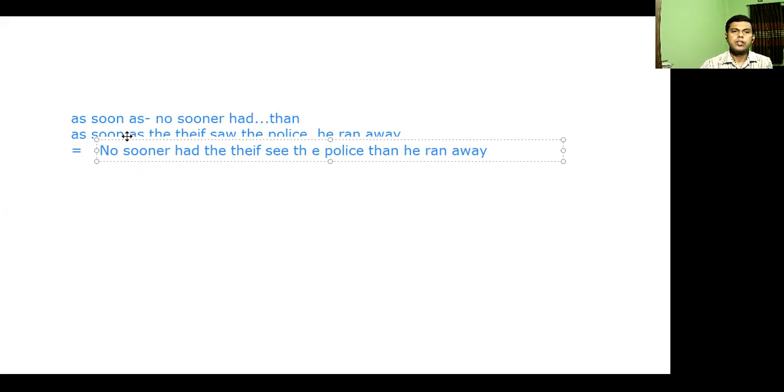In affirmative, it was "As soon as the thief saw the police, he ran away." The rule says if there is "as soon as" in affirmative, then it will be replaced with "no sooner had ... than".